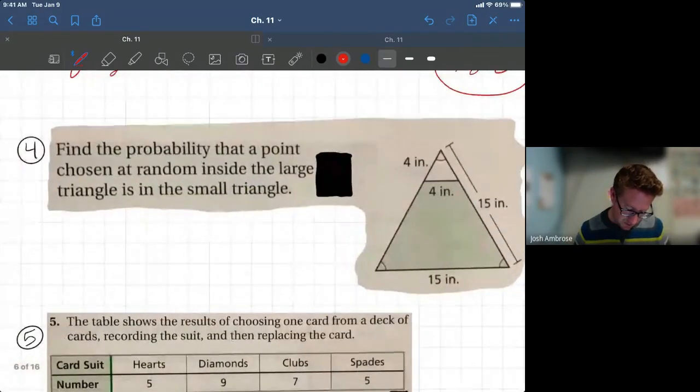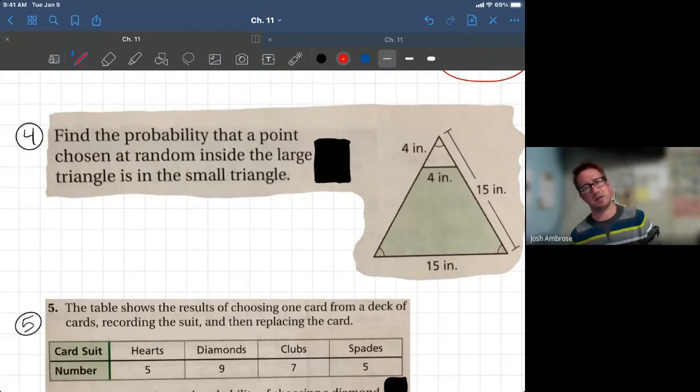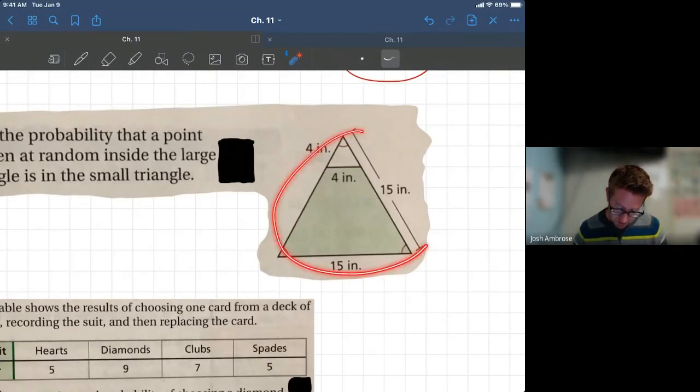Okay, let's do number 4 here. This is one of the geometric shape ones. All right, so the probability that a point chosen at random inside the large triangle is actually in the small triangle. So that means we need to figure out this, which is favorable, compared to the total triangle, which is the full total area.